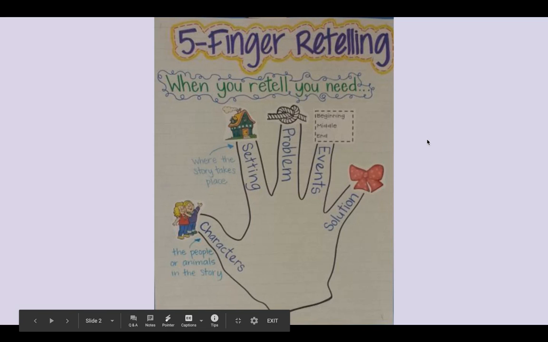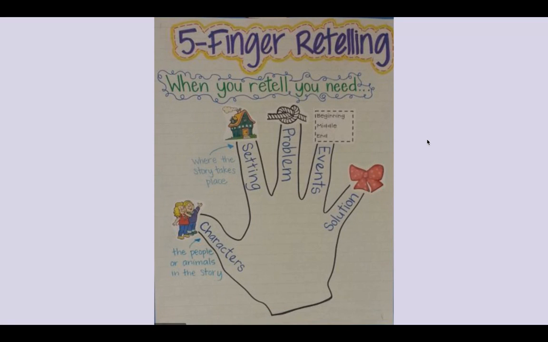So the chart on the screen here says a five-finger retelling. When you retell, you need the characters, that's here, the people or the animals in the story, the setting, where the story takes place, what's the problem in the story?